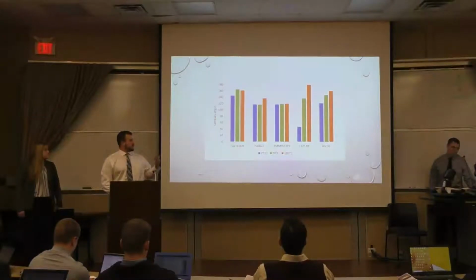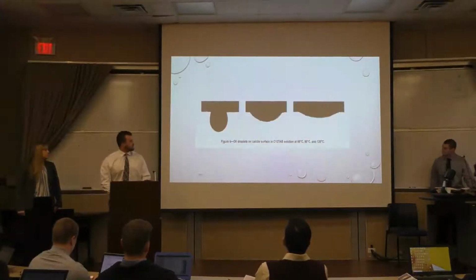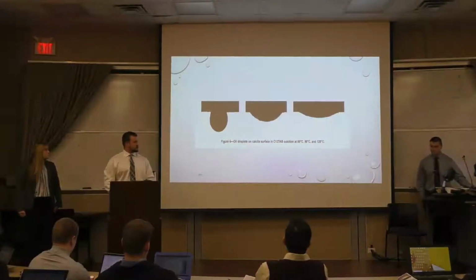Again, this was just done on a calcite surface, but this is how those contact angles shift as the temperature heats up. And this is an illustration of the oil droplets at the surface at different temperatures.